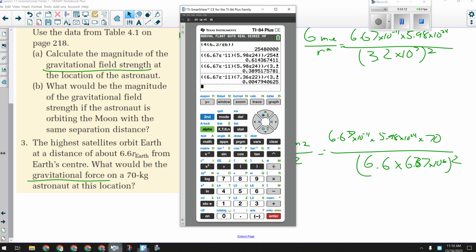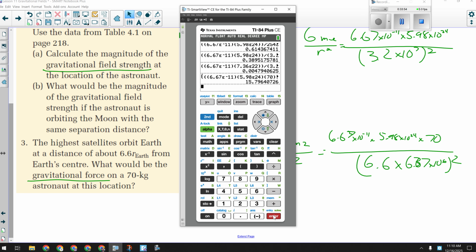If we do that, we should get about 15 or 16 newtons. Two significant digits would say 16 newtons for our answer there.